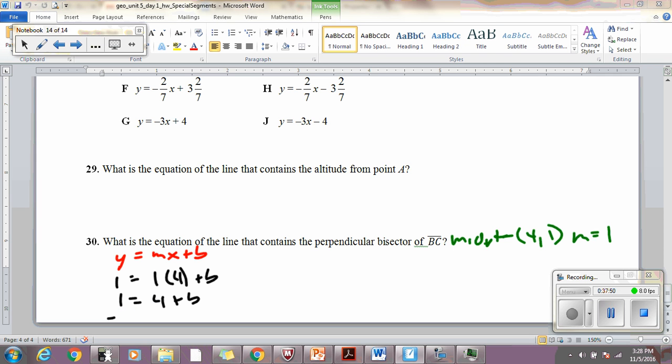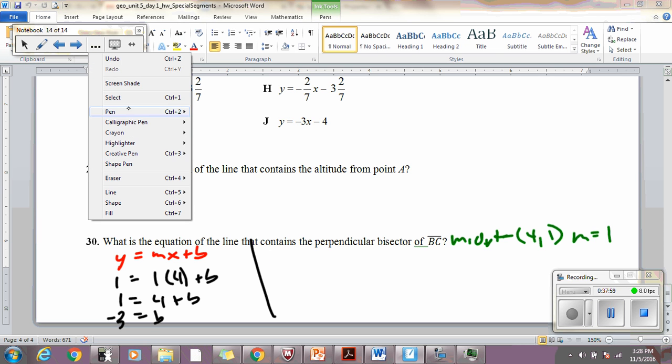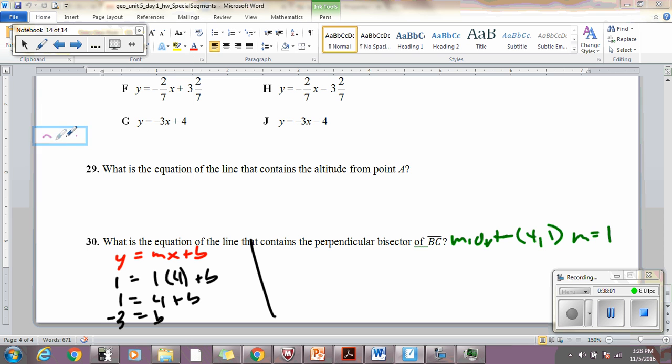Subtract 4, you would get negative 3 equals b. So the final equation would say y equals x minus 3. Whew, I'm sorry, y'all. This concludes, finally, your tutorial on this lesson.